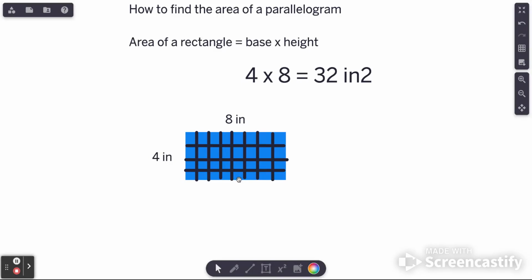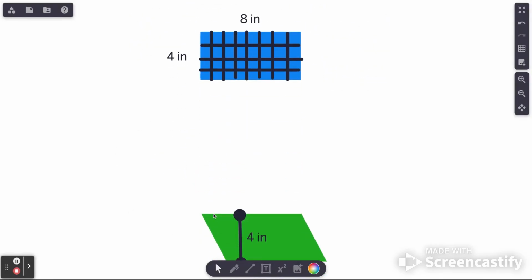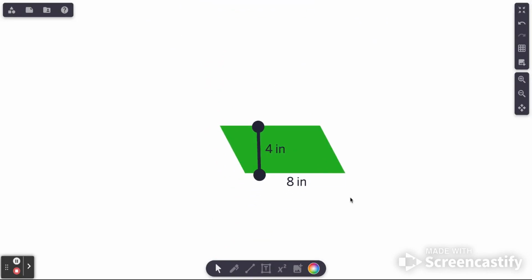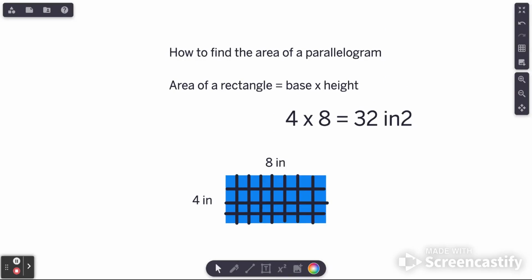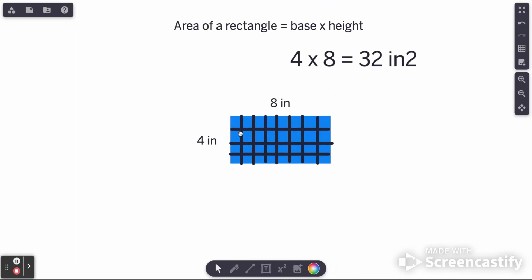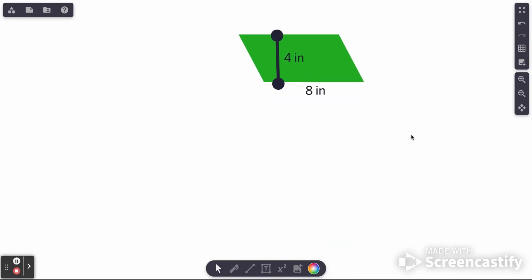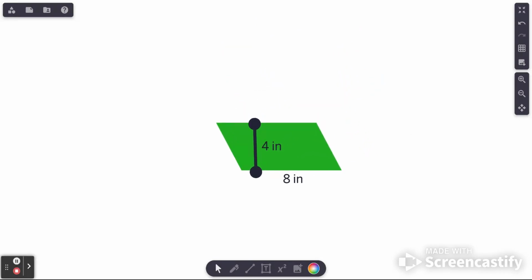All right, so that is the basics of finding the area of a shape. But when we're looking at a slightly more irregular shape, like a parallelogram, we need to think about how we would find its area. So thinking about what we know about our rectangle, could we use that same formula? Well, let's look here, because a parallelogram does not have those right angles.